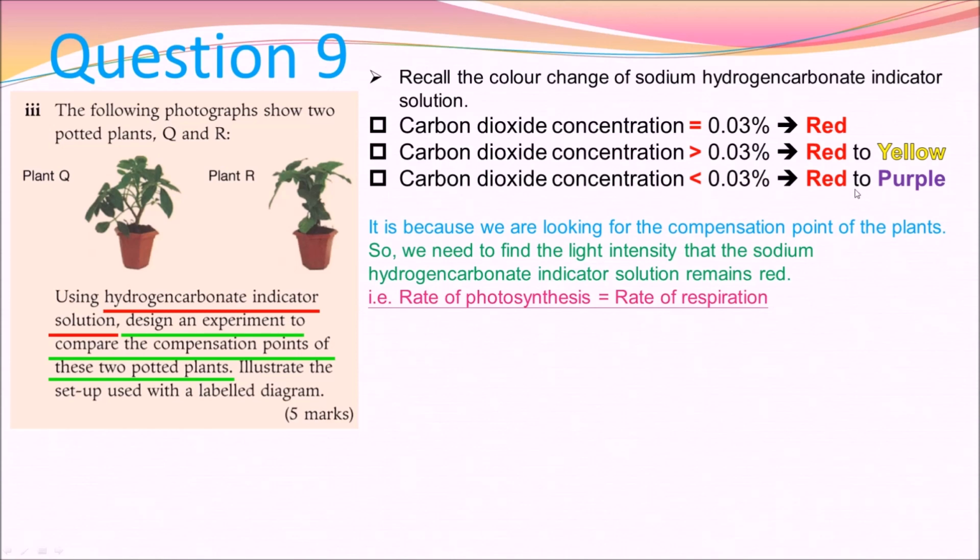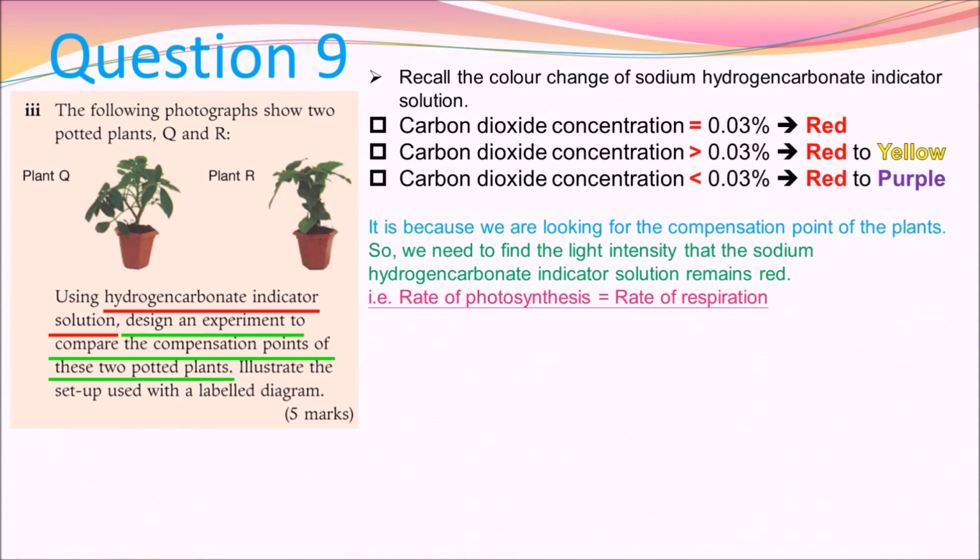And then what we are going to observe is the compensation point. Recall the concept that at the compensation point, the rate of photosynthesis is equal to the rate of respiration. That means there is no net gas exchange in the plant.